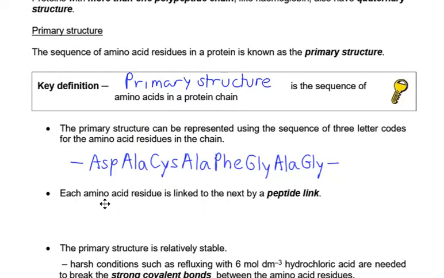Here's an example of a short sequence of primary structure. So we have, starting from the left-hand end, aspartic acid, alanine, cysteine, alanine, phenylalanine, glycine, alanine, and glycine.